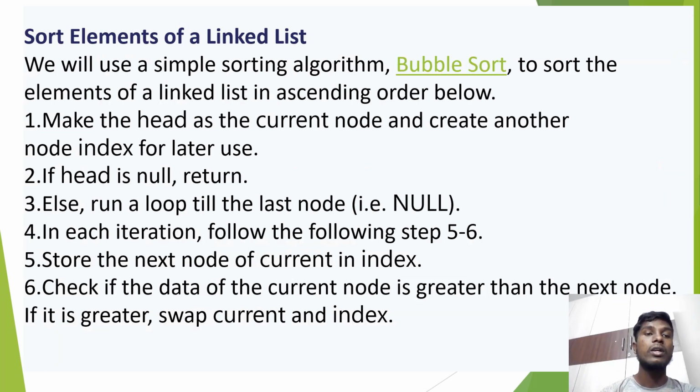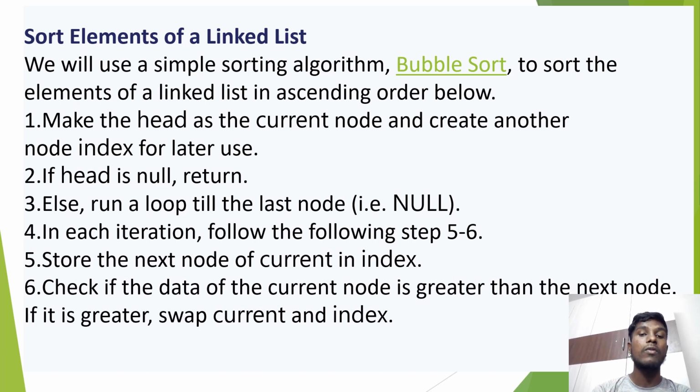Sort the elements of a linked list. We will use a simple sorting algorithm, bubble sort, to sort the elements of a linked list in ascending order. Make the head the current node and create another node, index, for later use. If head is null, return; else run a loop till the last node is null. In each iteration, follow these steps to sort the elements of the linked list.